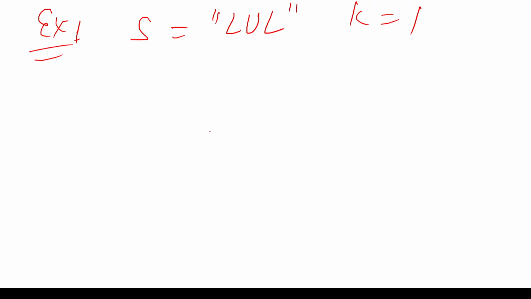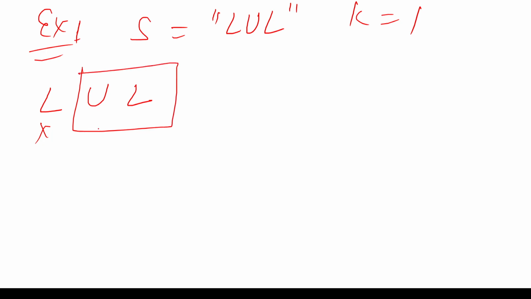So let's draw this string as L, U, L. If I remove the first L, then the path is UL, and at the end we'll say it is -1 and 1.